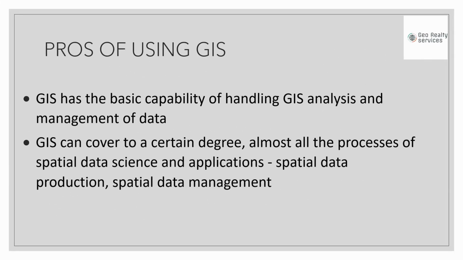The pro of using GIS is that it has basic capability of handling GIS analysis and management of data. It can also cover, to a certain degree, most of the processes of spatial data science and applications: spatial data production, spatial data management, basic query, geoprocessing, some advanced analysis, and geovisualization. It can do everything.